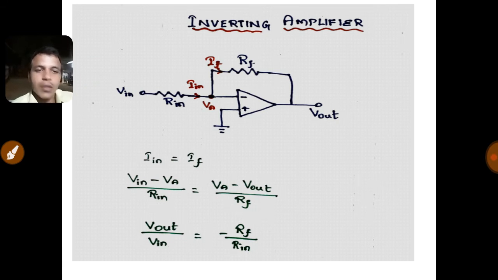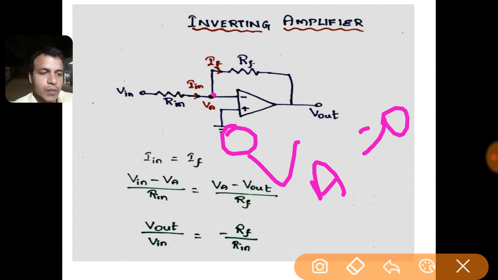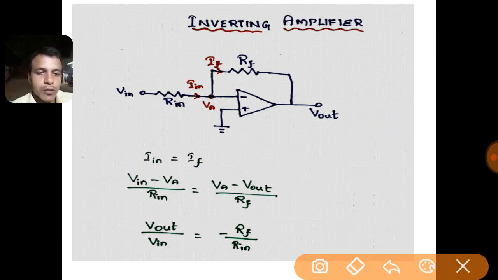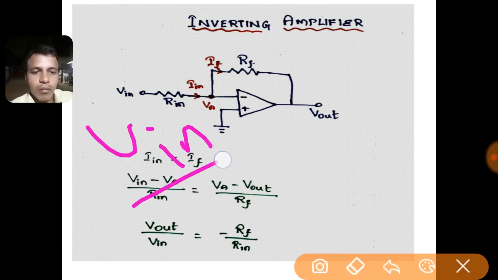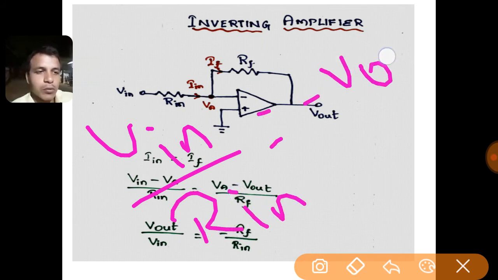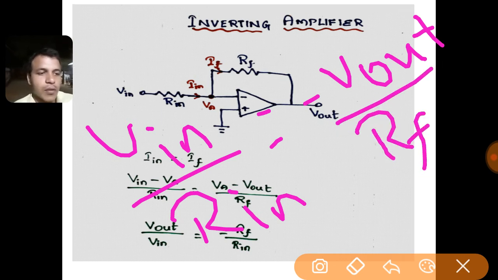So here the voltage of the non-inverting input terminal is 0. Since this is 0, the voltage at node A, Va, is also equal to 0. And when we apply Va equal to 0, the equation becomes Vin by Rin equals minus Vout divided by Rf.